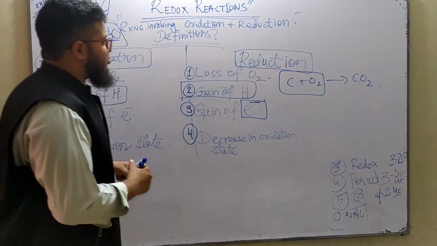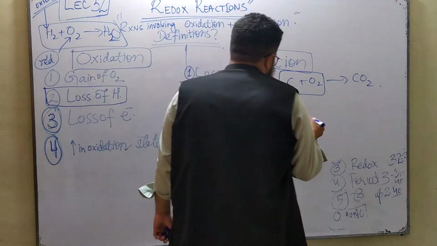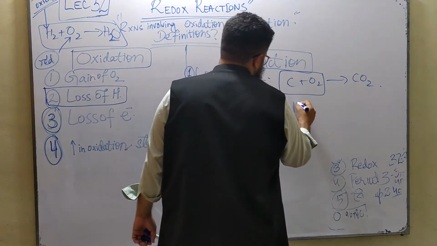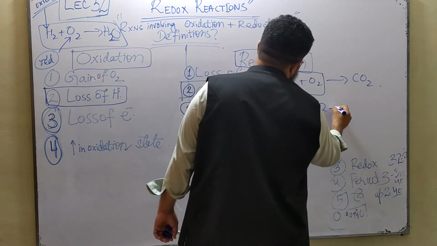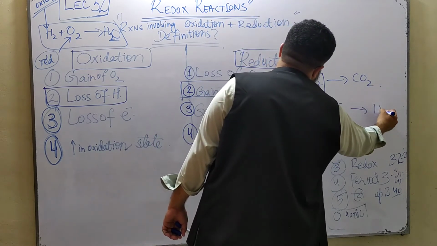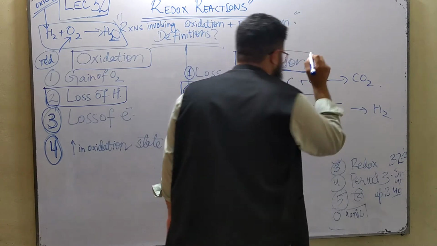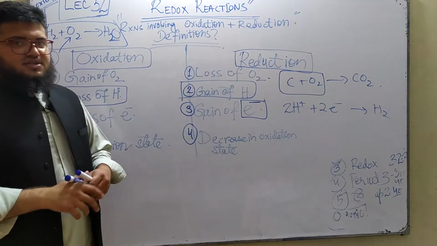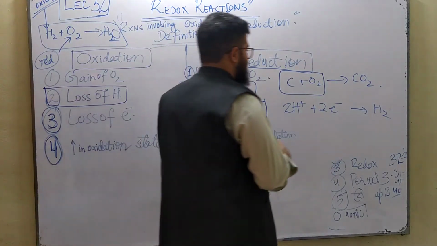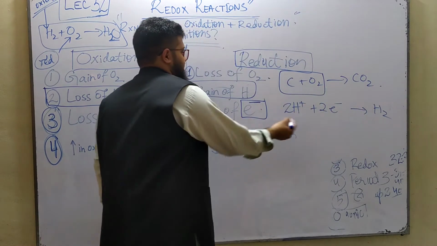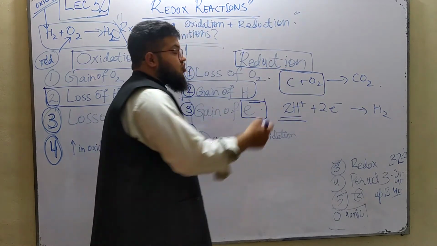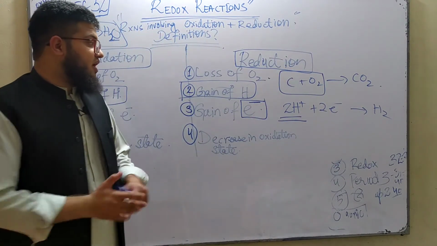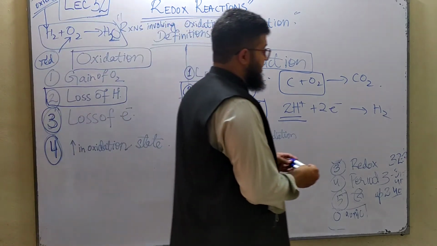Now, if you've got electrons and electrons are being added, for instance, you've got protons and protons are gaining electrons to form hydrogen gas. Okay, electrolysis. Remember electrolysis from your O levels? Now, in this case, if I were to ask you what's happening to the H positive ions, are they being oxidized or are they being reduced?